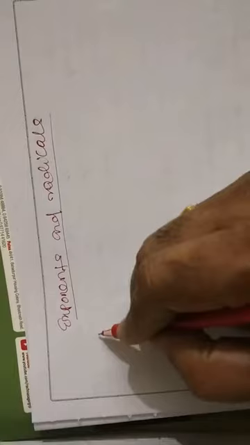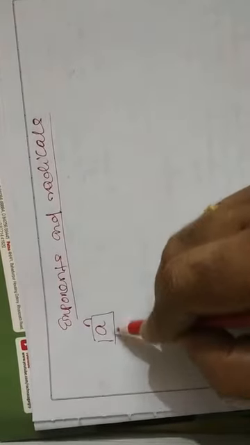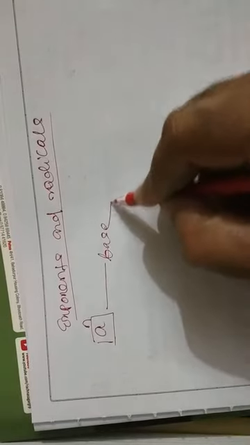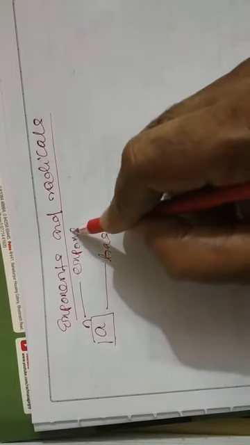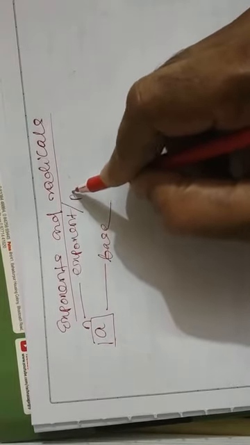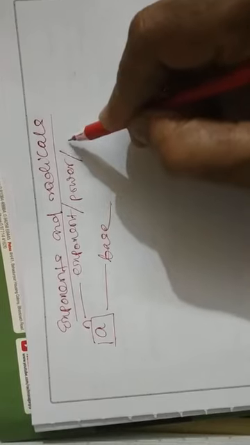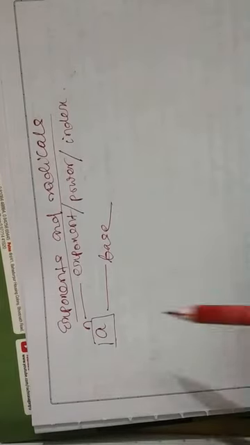Now recall, when I write a to the power n, this a is known as the base and this is called the exponent, or sometimes we call it power, sometimes we call it index. Okay, and these exponents obey some laws known as laws of exponents.